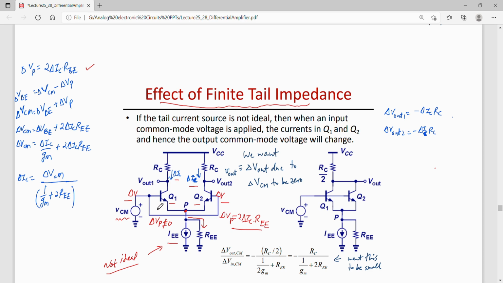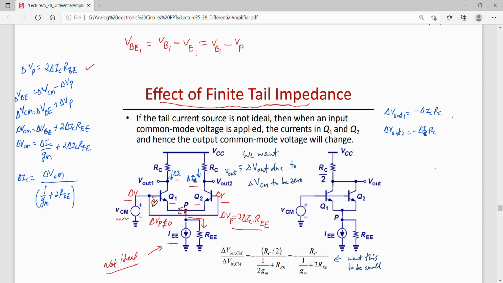Now similarly I can write the relationship for the base to emitter voltage. This is my base over here, and the emitter is common, right? So I can write the base to emitter voltage VBE1 as VB1 minus VE, or VB1 minus VP.